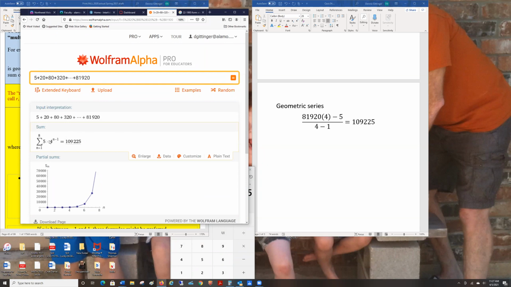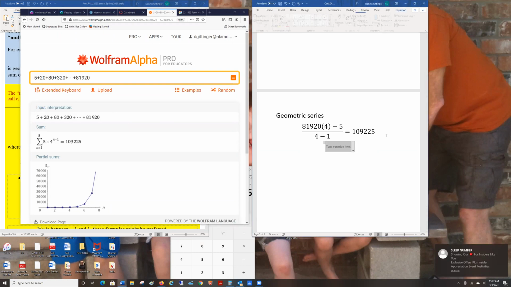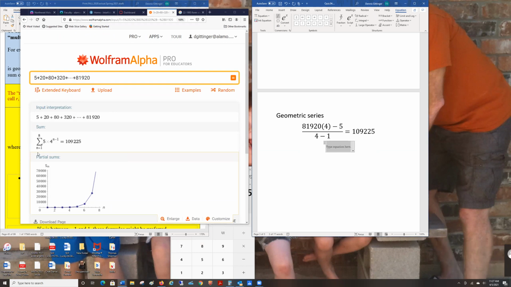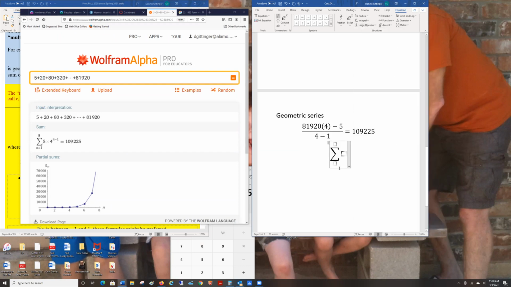Furthermore, Wolfram Alpha figured out how to tell us this. It said this series is the same as the sum from n equals 1 to 8. So I'm going to go here, the sum from.